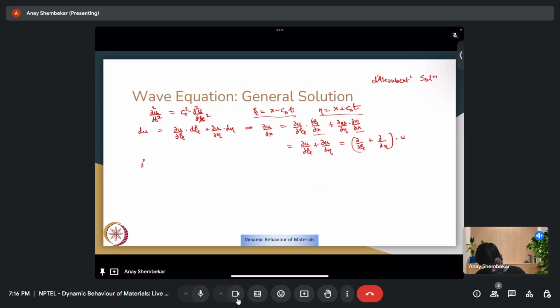If I take the second partial derivative of u with respect to x, I end up with dou by dou epsilon plus dou by dou eta of dou u by dou epsilon plus dou u by dou eta, which gives me dou square u by dou epsilon square plus 2 dou square u by dou epsilon dou eta plus dou square u by dou eta square.